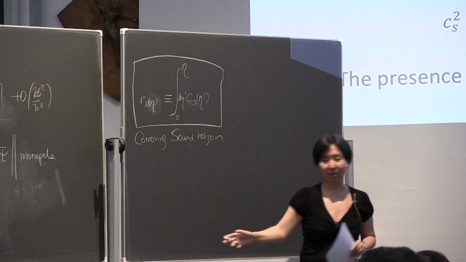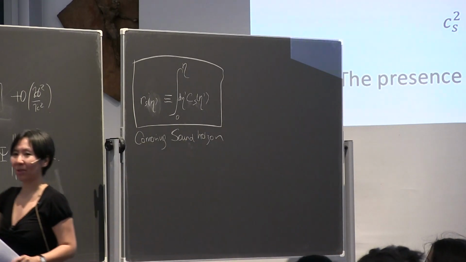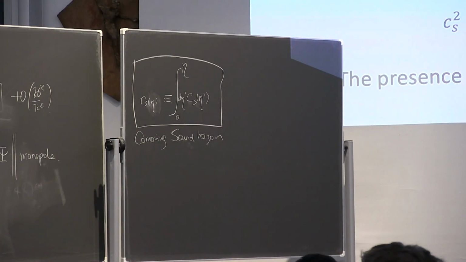And this co-moving sound horizon is the single most important parameter in CMB physics. It tells you how far sound can travel from the beginning of time up to the last scattering surface. And then we see it pop up quite naturally in our acoustic oscillation solutions. Okay, it goes in here, rs. Now, one more thing.